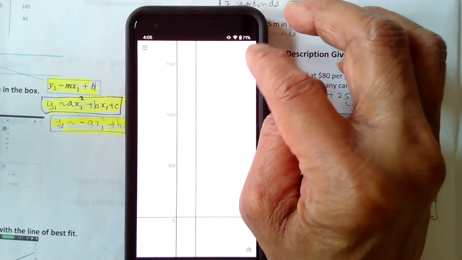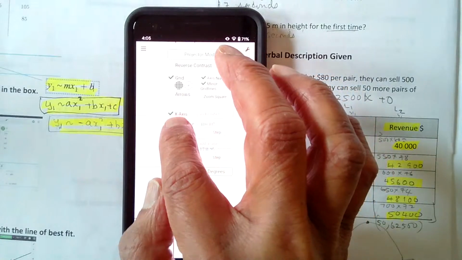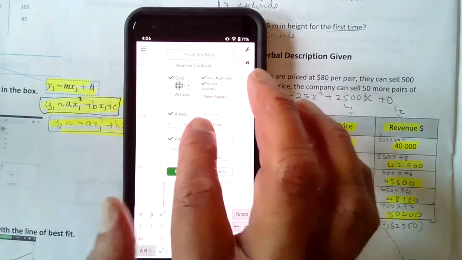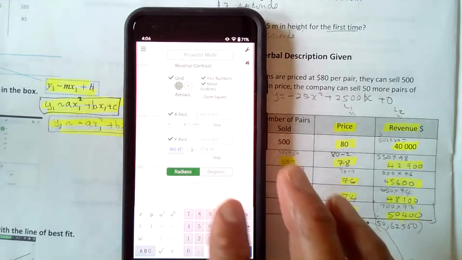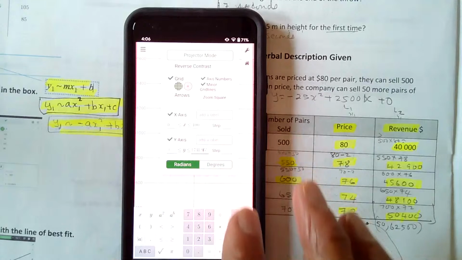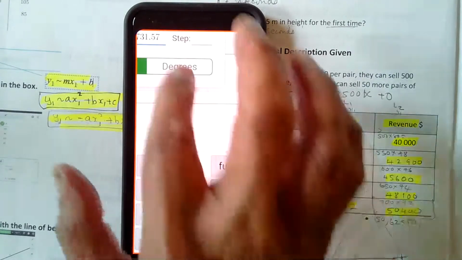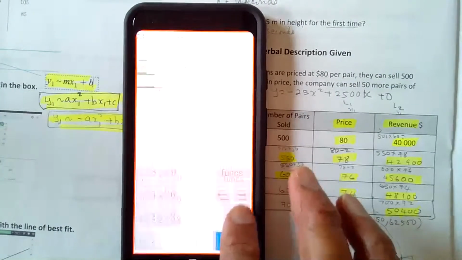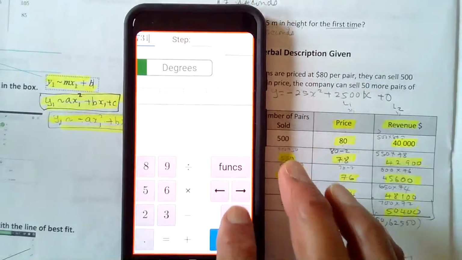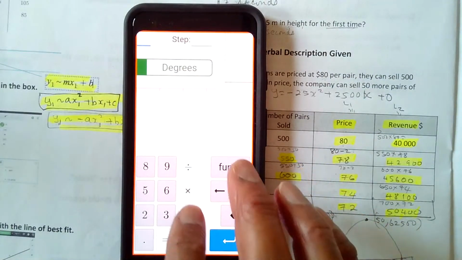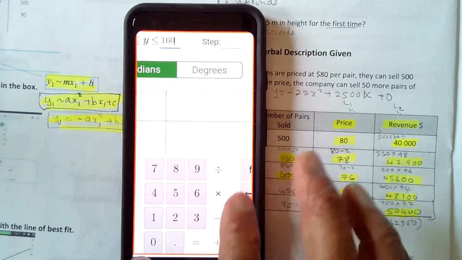The way to go about doing that, we go to our tools and set our x-axis from 0 to maybe 100, and our y-axis from 0 to maybe 60,000.